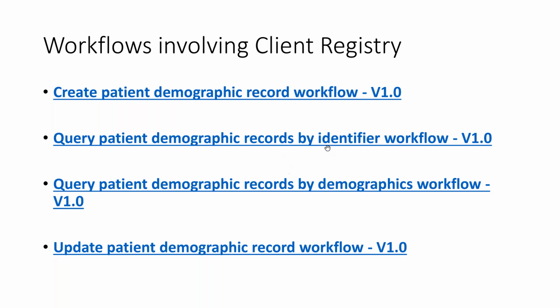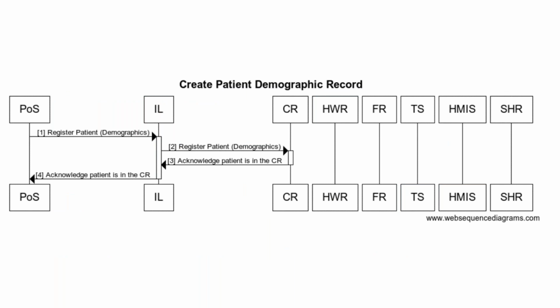We also have the query patient. As you can see, there are two ways of querying patient demographic data. One is by demographic data, and another one is through the local ID or other identifiers. And then, of course, lastly is update the patient demographic record.